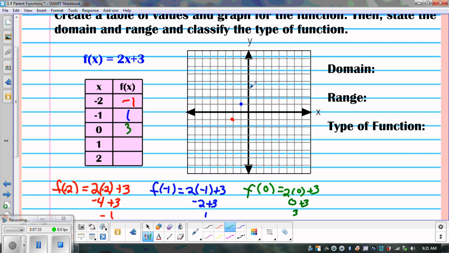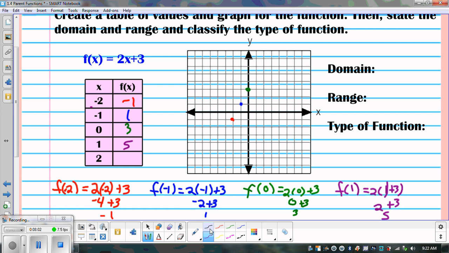1, 2, and 3. We have 2 more points to sub in, and then we'll be done. We will sub in f of 1, so we'll sub in 1 for the x. So 2 times 1 is 2, and then I'm going to add my 3, which would give me 5.